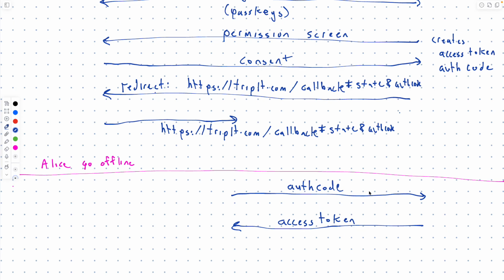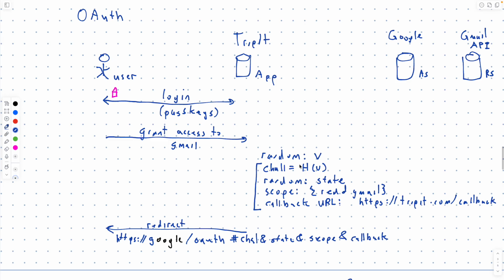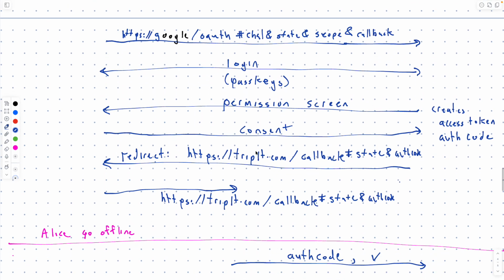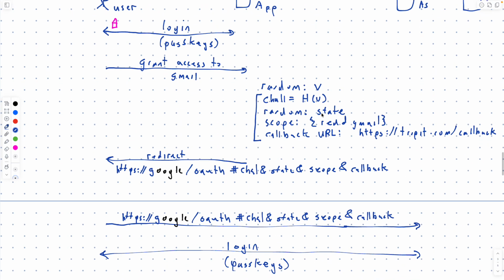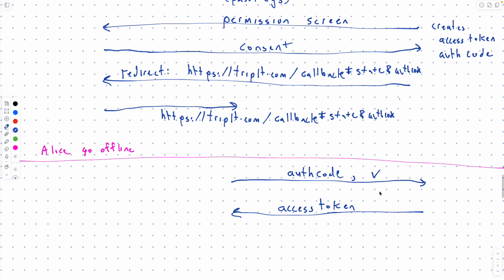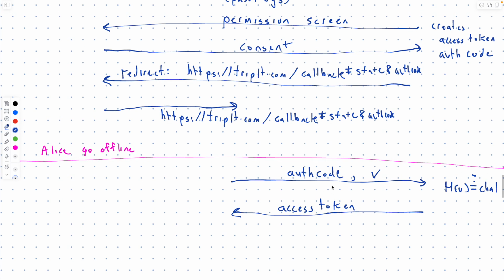But because I'm worried that someone's going to steal this auth code because this URL gets logged, I'm also going to send you V. V was the random V here, and I sent hash of V. Okay, and so earlier I sent the challenge, which is the hash of V, and now I'm sending you V. And what you're going to do is you're going to check whether the hash of V equals the challenge value. Okay, and assuming that that's the case, then you'll send me the access token that belongs to this auth code.